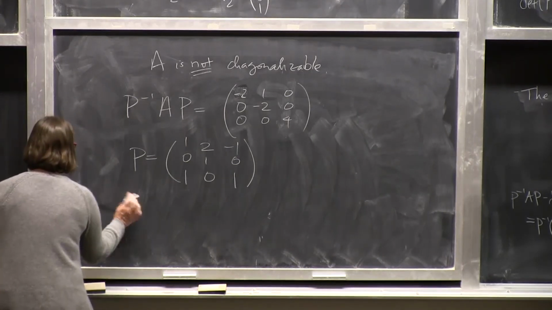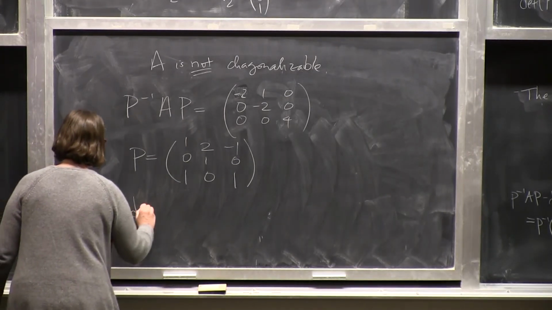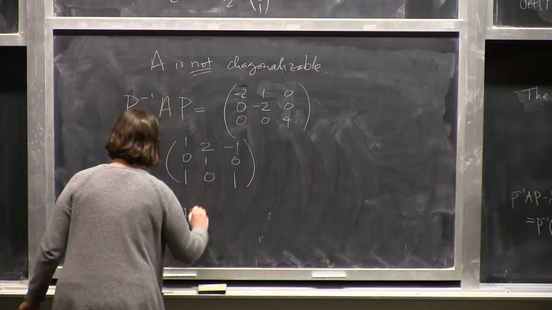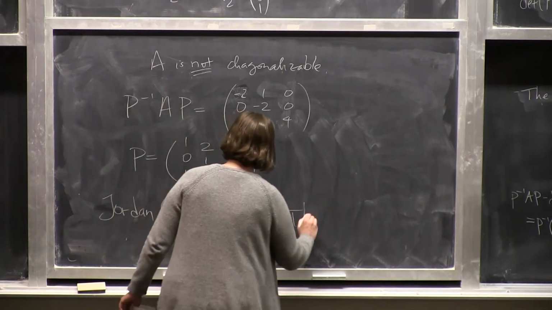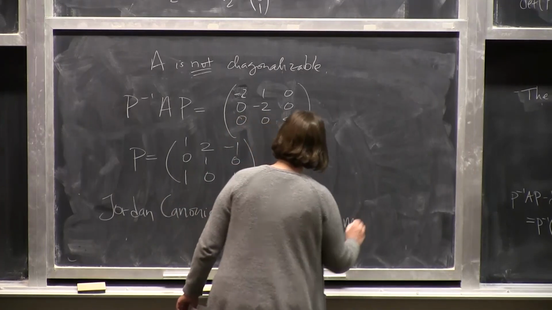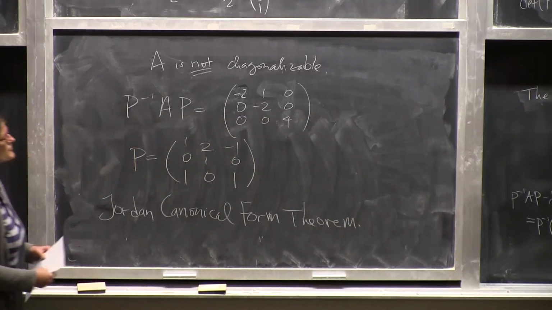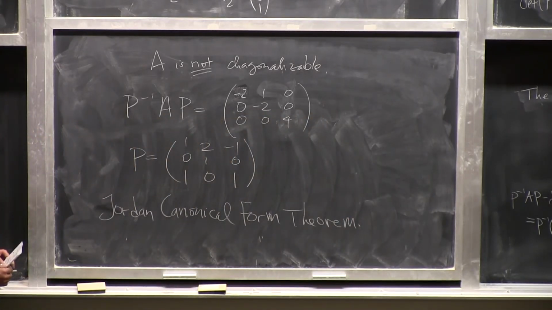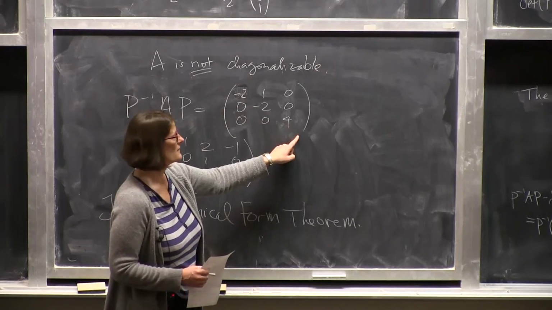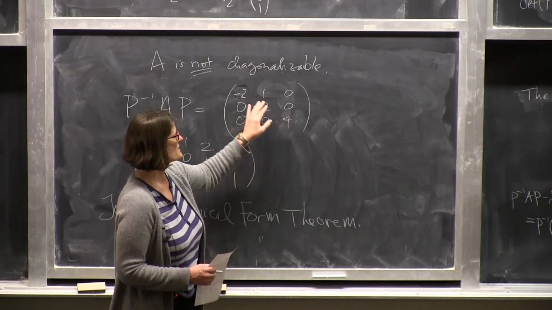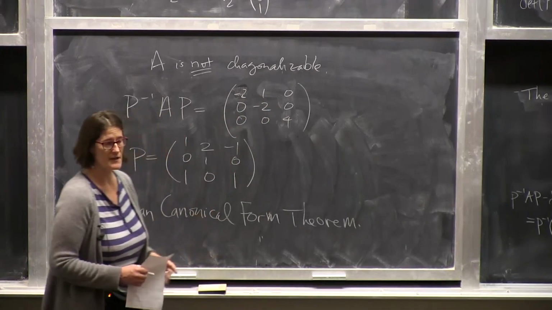And this is the Jordan Canonical Form theorem. It's hugely important. It tells you that every matrix is either diagonalizable or it is similar to a matrix which has eigenvalues on the diagonal and has zeros or ones directly above the diagonal.